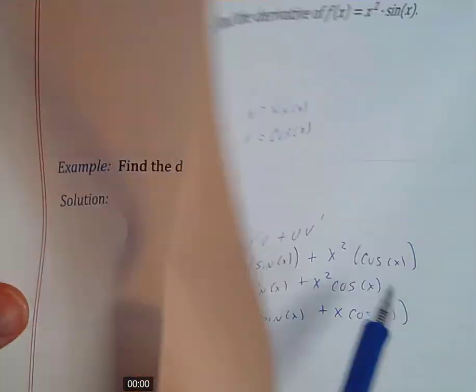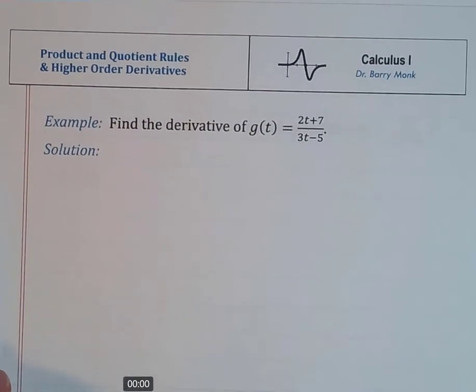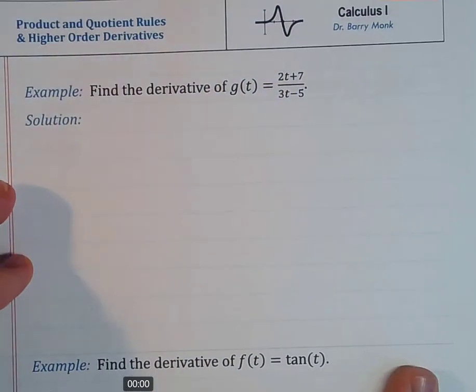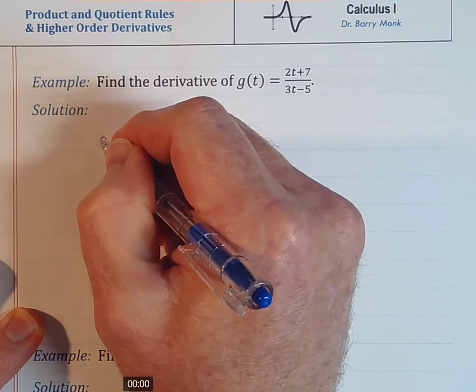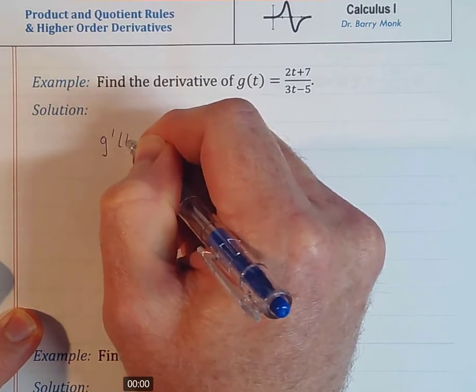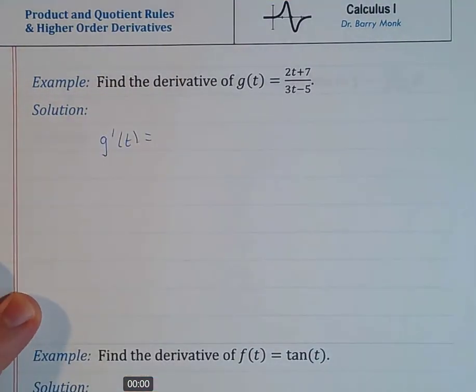So let's take a look at another example. Here I want to find the derivative of g of t equals 2t plus 7 divided by 3t minus 5. I'm not going to write everything out quite as much as I did in that last example.